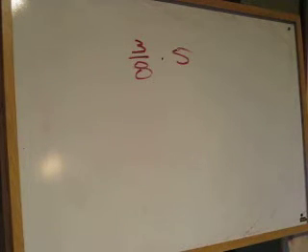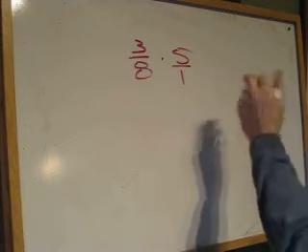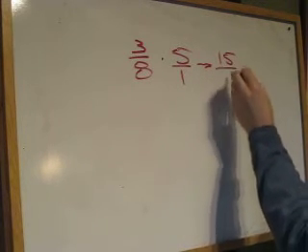A fraction times a whole number. That 5 is not a fraction, but all you have to do to make it a fraction is put it over 1. Now you have two fractions that you're multiplying. Numerator times numerator, denominator times denominator.